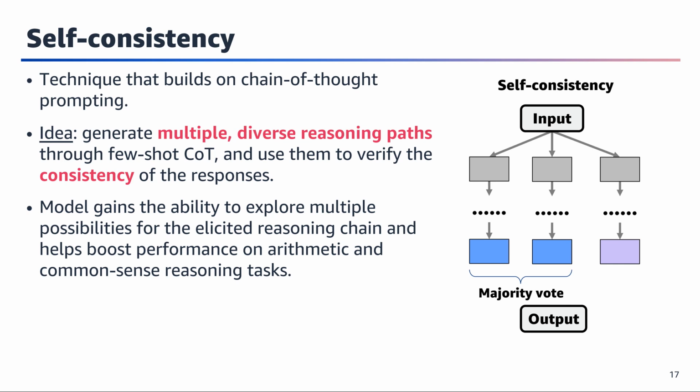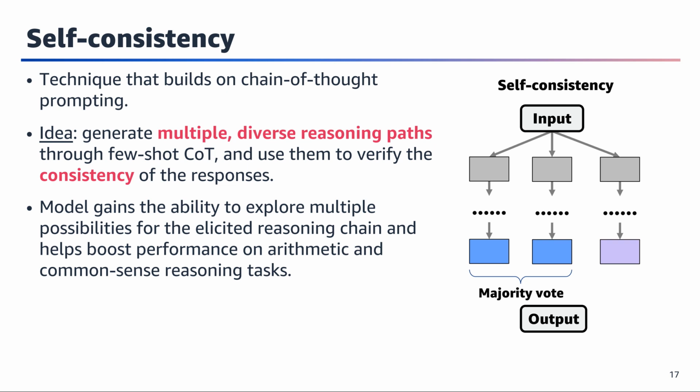Instead of relying on a single reasoning path, the idea is to generate multiple, diverse reasoning paths through few-shot chain-of-thought prompting. These diverse paths are then used to verify the consistency of the responses. By exploring multiple possibilities for the elicited reasoning chain, the model gains the ability to consider different perspectives and approaches to a problem.